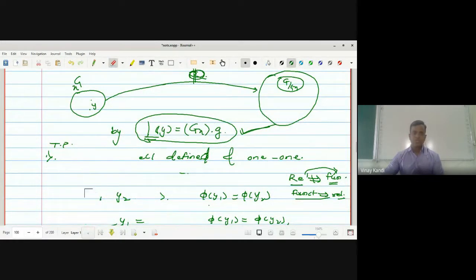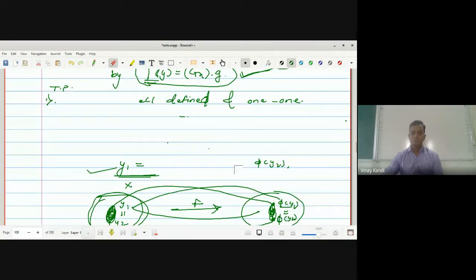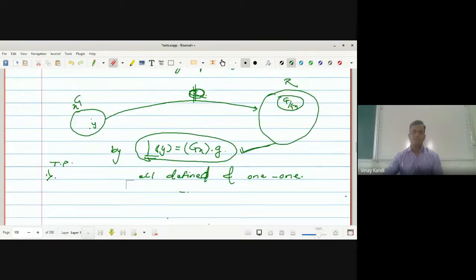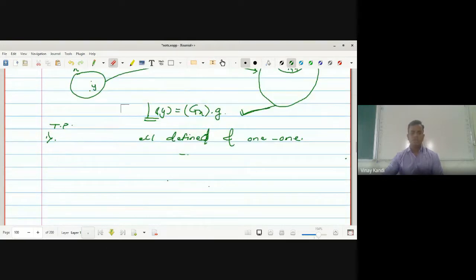Okay, so here we have to prove that this mapping is well defined. ओके, तो आधी फंक्शन होतो हे मला प्रूव्ह करावं लागेल, त्यानंतर तो 1-1 आहे हे सांगावं लागेल, त्यानंतर तो onto आहे हे सांगावं लागेल.